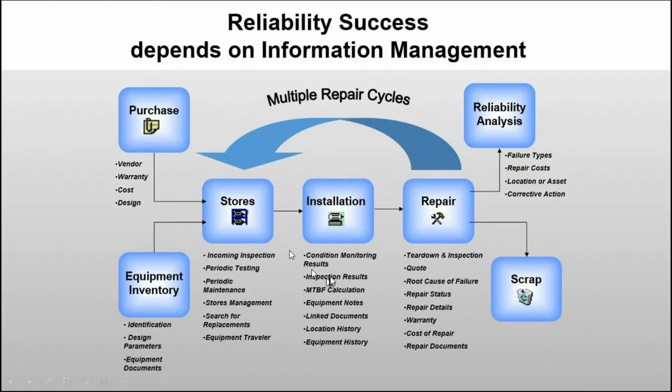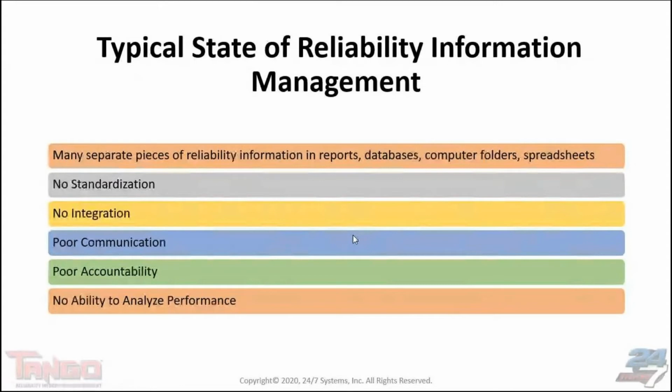And again, today we're going to be talking a lot about the condition monitoring activities that go on primarily in a service location. Unfortunately, the typical state of that reliability information management today is what I call islands of information.